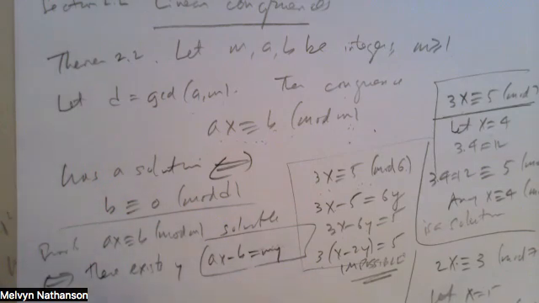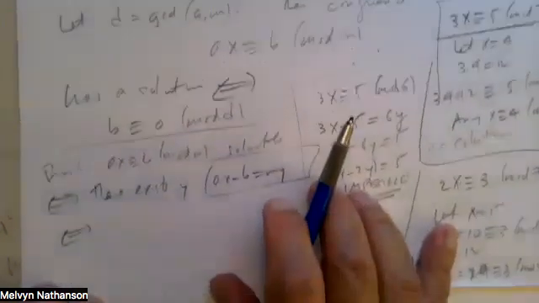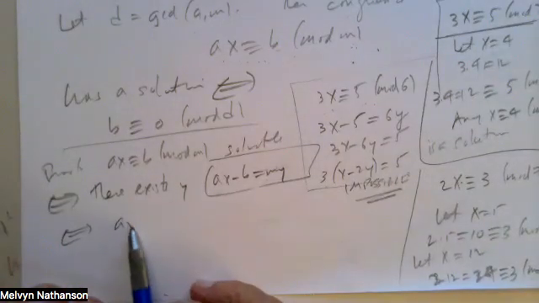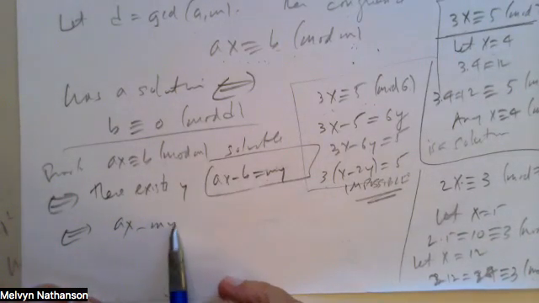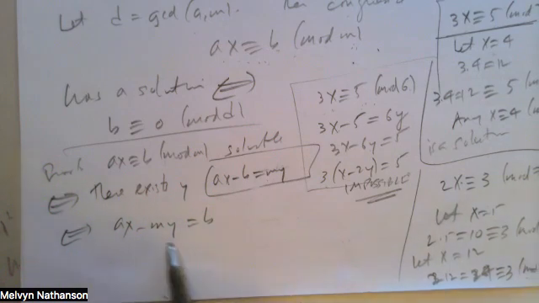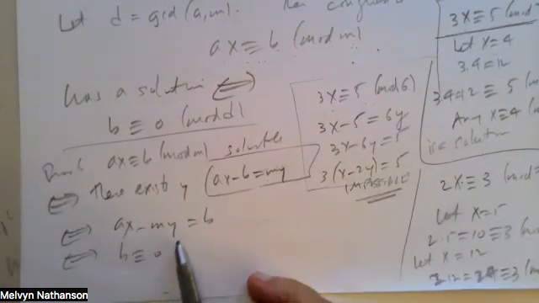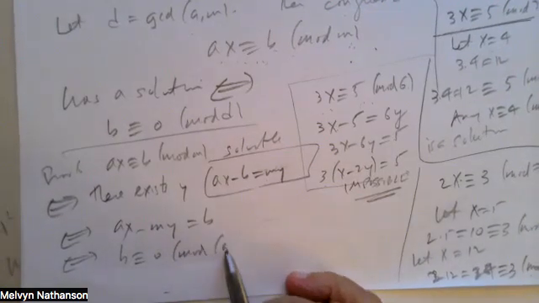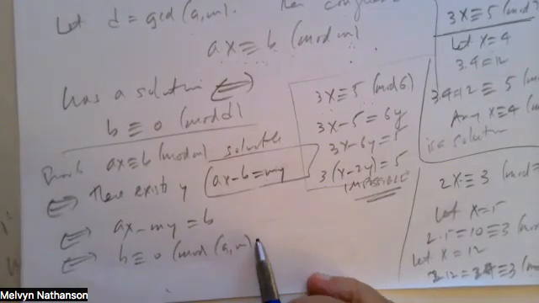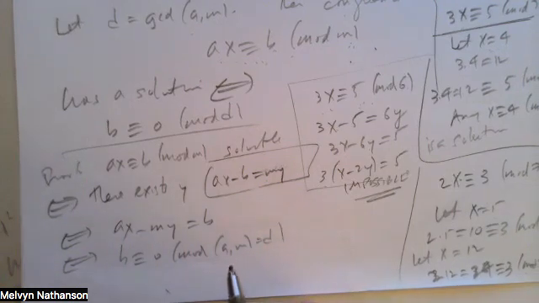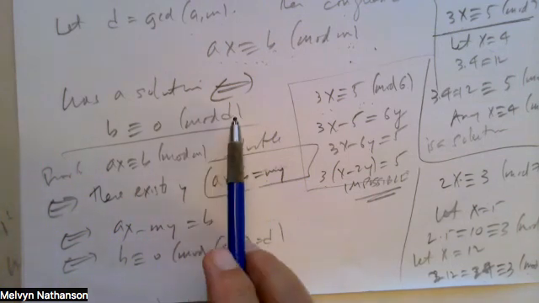Or if and only if, I just rearrange this equation, AX minus MY equals B. And this linear equation has a solution if and only if B is congruent to 0 modulo the greatest common divisor of A and M, which is D. So that's the proof of this theorem.